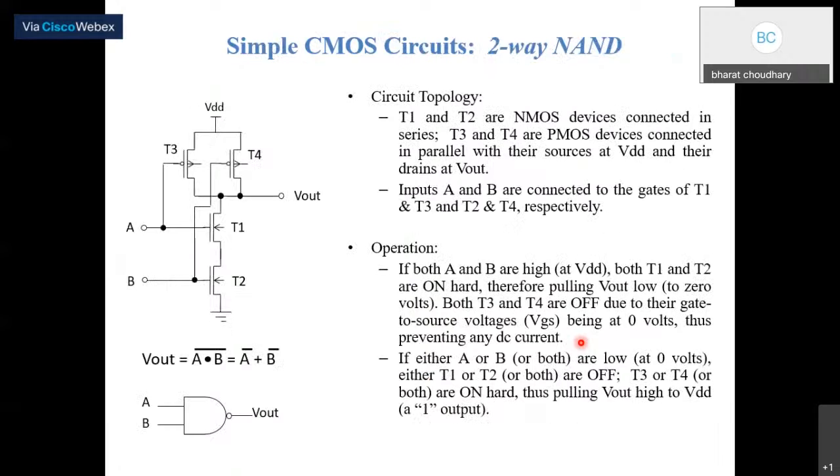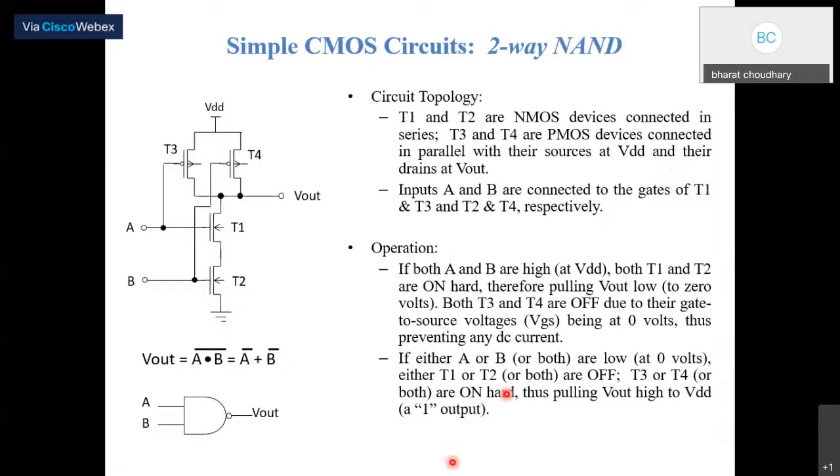Now moving towards the basic fundamental gates, here is the two-way NAND gate. We can classify this NMOS combination circuit as a pull down structure, and this PMOS combination circuit is called a pull up circuit. T1 and T2 are NMOS transistors connected in series, whereas T3 and T4 are PMOS transistors connected in parallel, with their sources at VDD and their drains at V out.